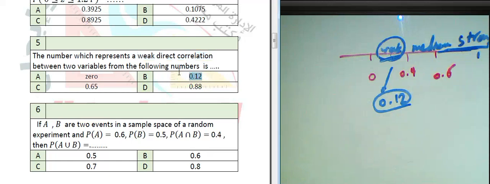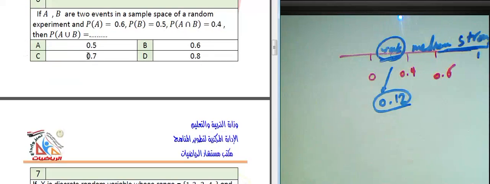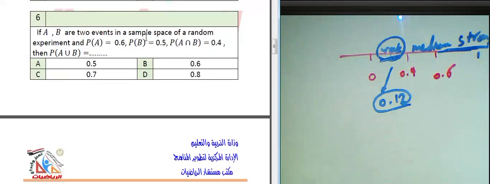Question 6. If A and B are two events in a sample space of a random experiment, and probability of A equals 0.6, probability of B equals 0.5, probability of A intersection B equals 0.4, then probability of A union B, we call it the union.